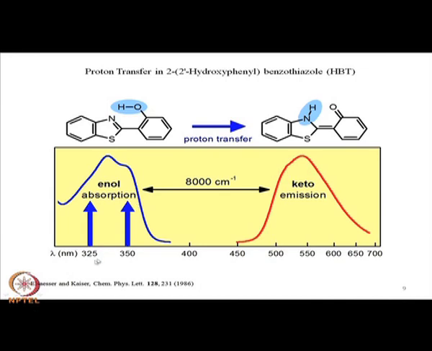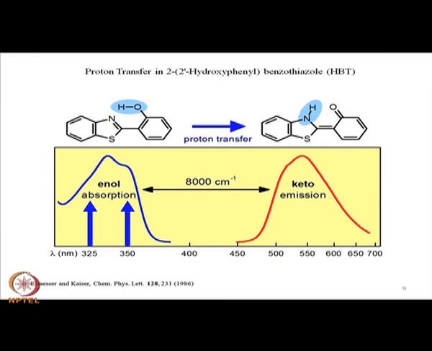Enol absorption is taking place around, say, 350 nanometer, and your keto emission is taking place around 550, that is the maxima. So, you see that there is a huge Stokes shifted emission when there is proton transfer in the excited state. So, this process is proton transfer in the excited state.